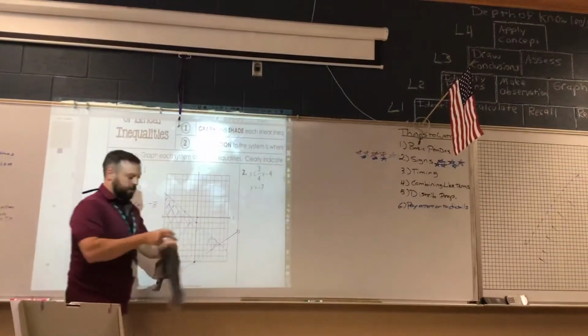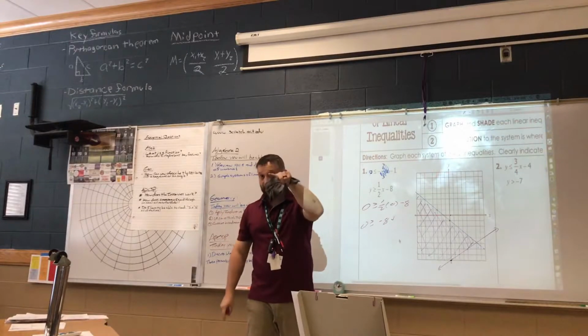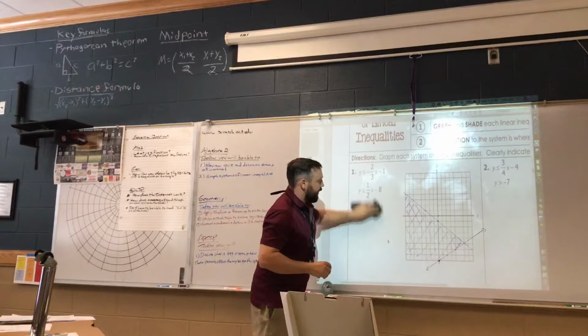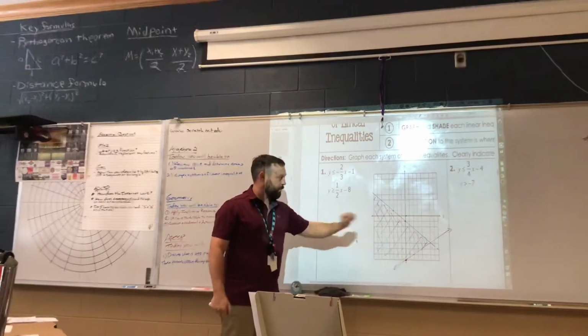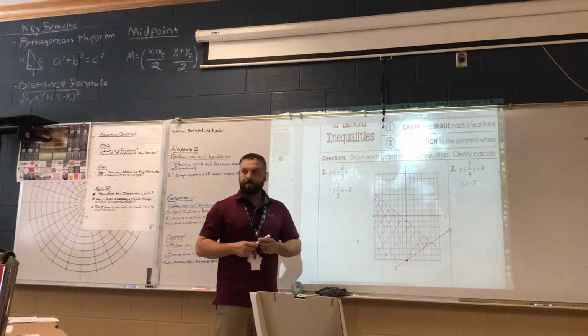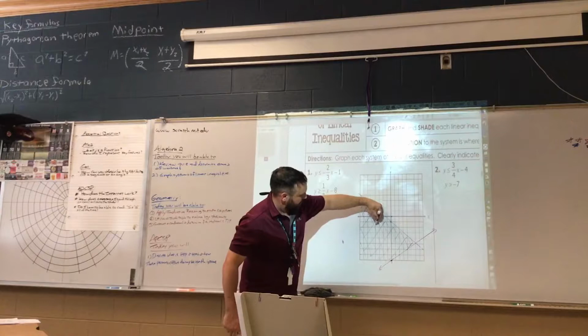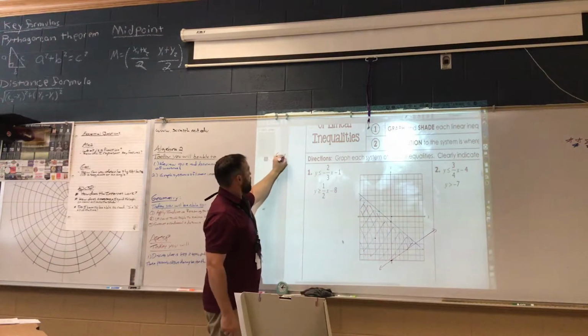So before with the equations, where they intersected, that one point was the only point that gave a true solution. If we graphed it right, I should be able to pick any point in here and it works. So give me a random point in that area. -4, -4? Okay. So -4, -4.